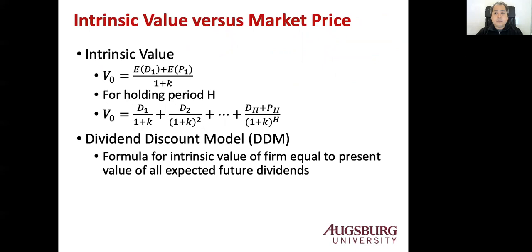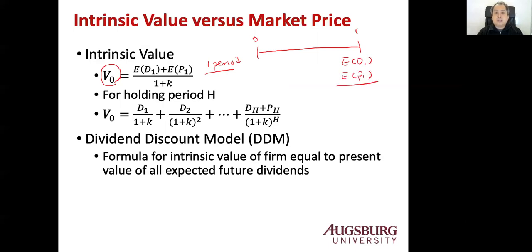Now we can show it mathematically. V0 is the intrinsic value. So this is one period. You have a one-period investment, period 0 to period 1. And the cash flow should be the expected dividend 1 and then the expected price 1, right?